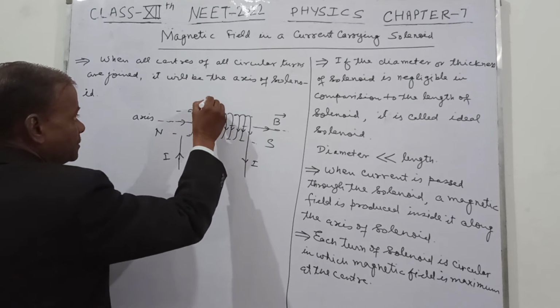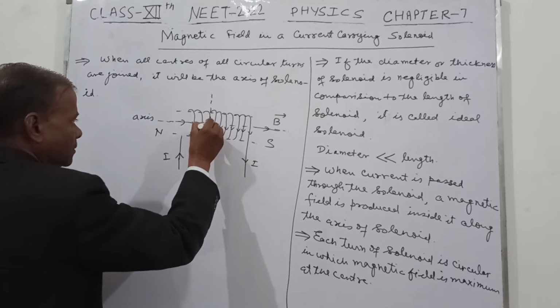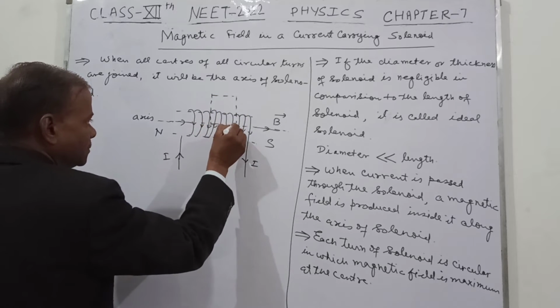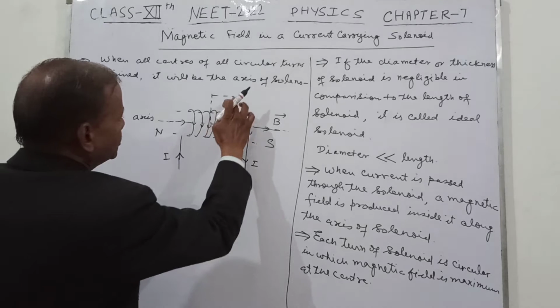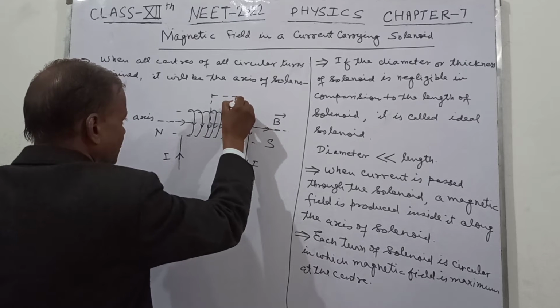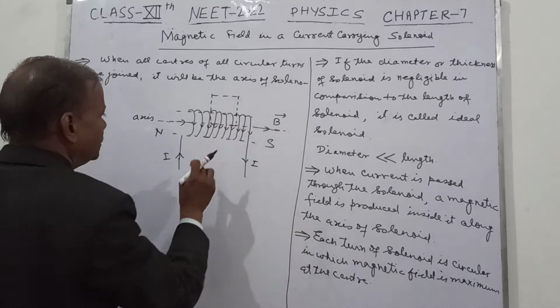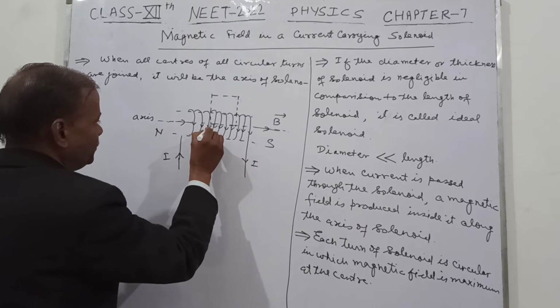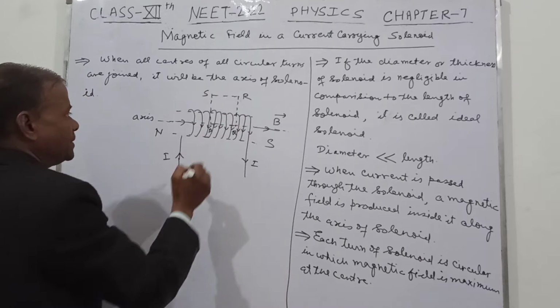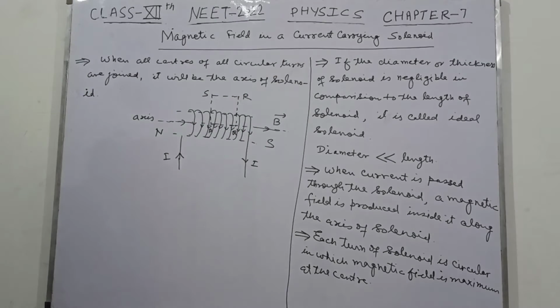And let us take a rectangular path like this. Suppose this rectangular path is, this is now your P, this is now your Q, this is R and this is S. So now what we have?